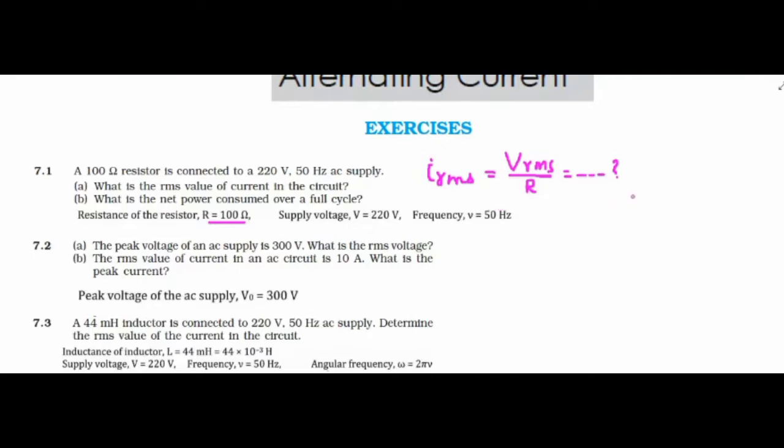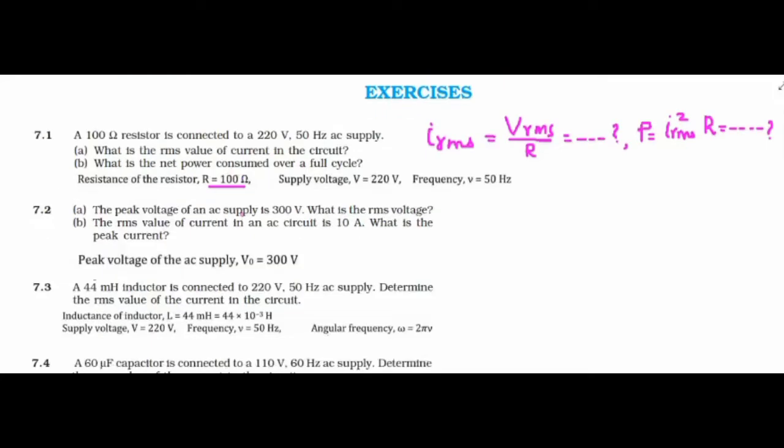So we can calculate the power. The resistance is there, therefore P is equal to either VRMS IRMS, or you can use the formula IRMS square into R, so that the power consumed is obtained.